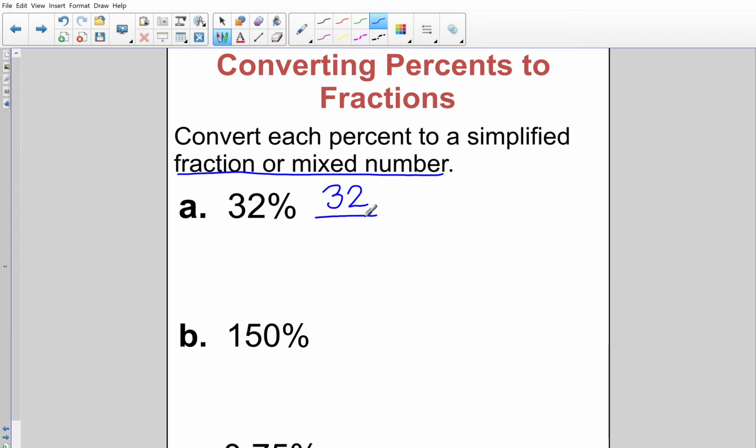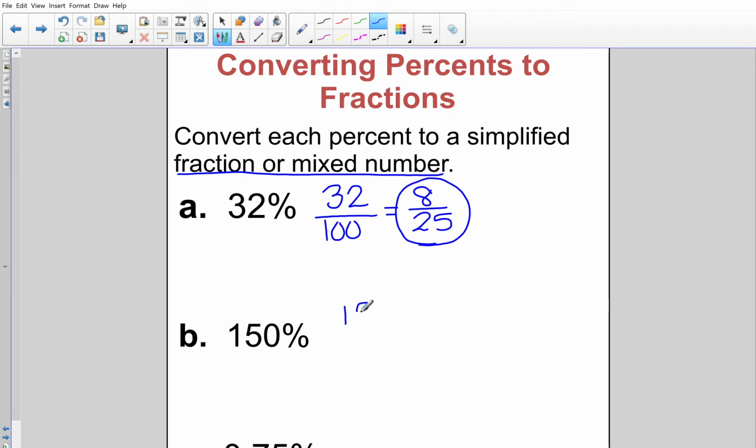So I want to write this as 32 over 100, and then reduce it to lowest terms. So really, it's 8 over 25. Because I want it written as a fraction or a mixed number, I'm going to put it over 100 and reduce rather than just completely divide it by 100. I don't want a decimal, I want a fraction. So be careful with the directions about what they're actually looking for as your end result.